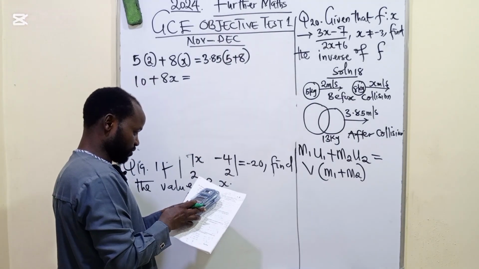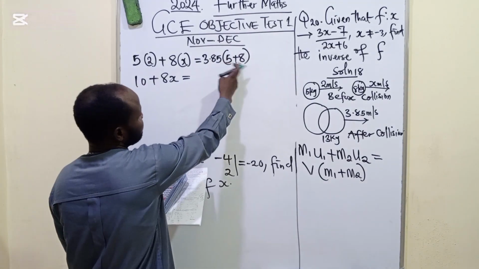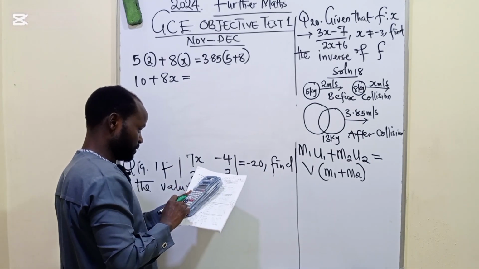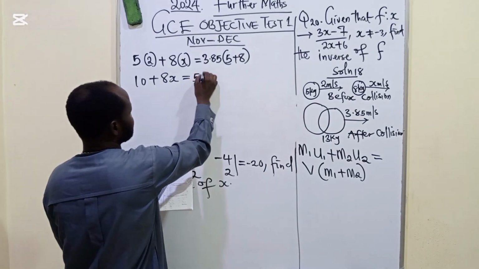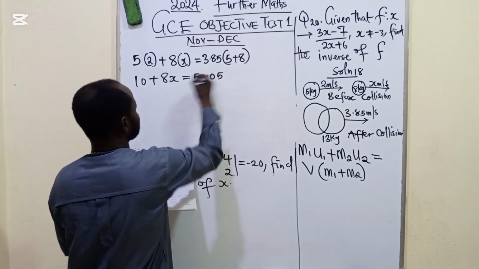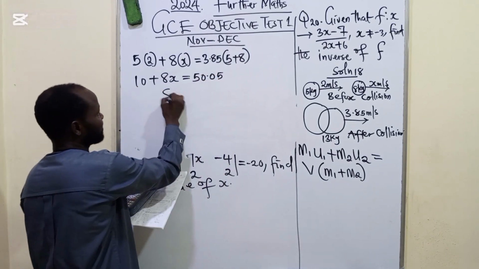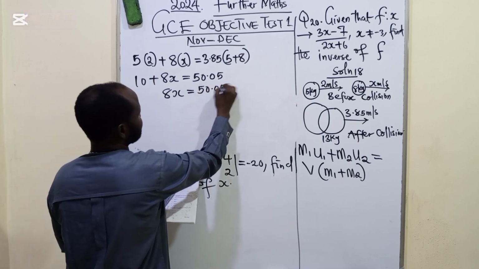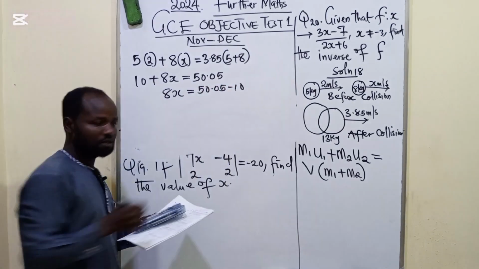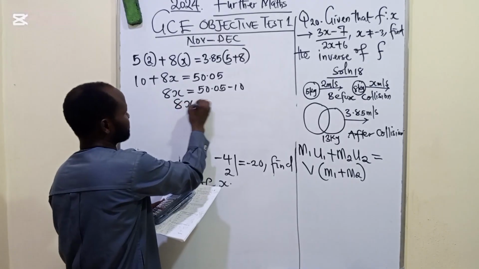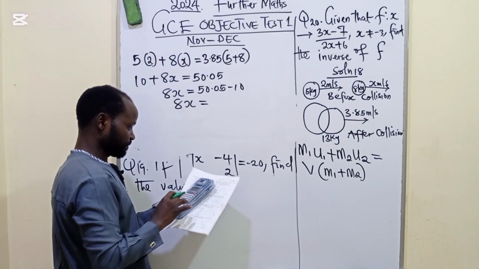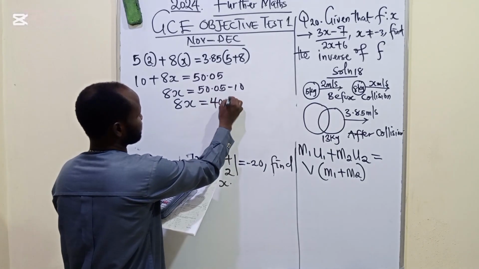That's 3.85 times 13, since 5 plus 8 is 13, which gives 50.05. Let's collect that here. We have 8x equals 50.05 minus 10, which will be 40.05.